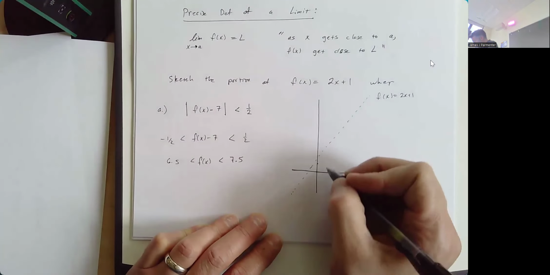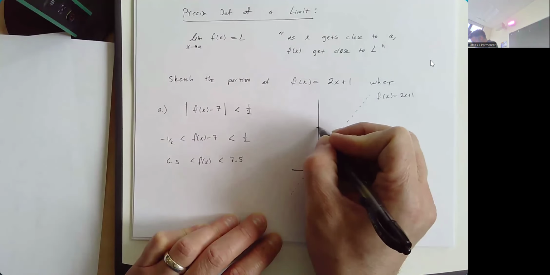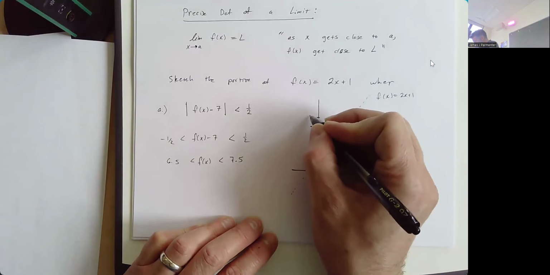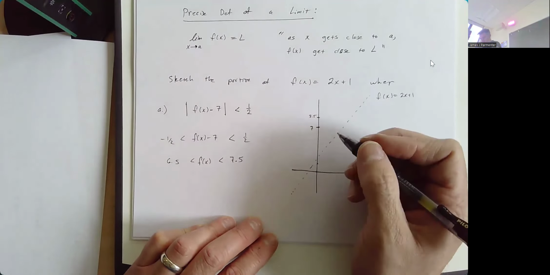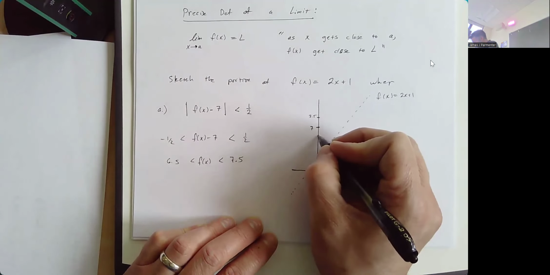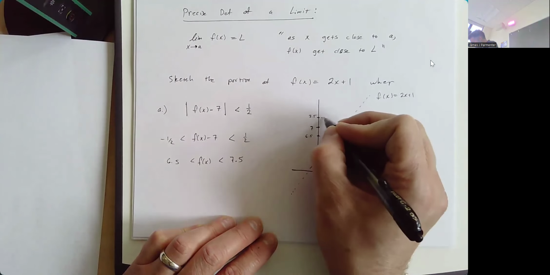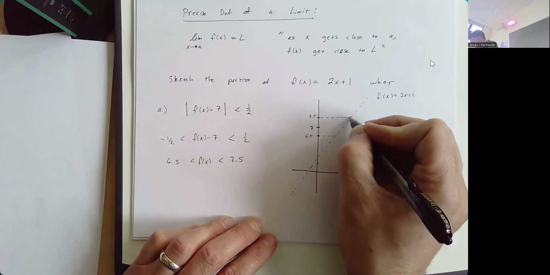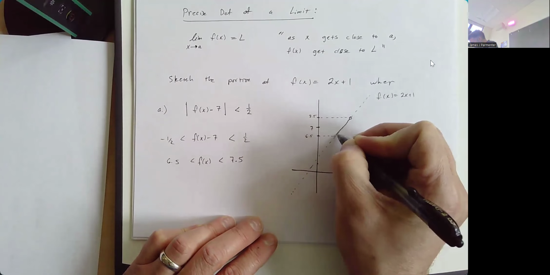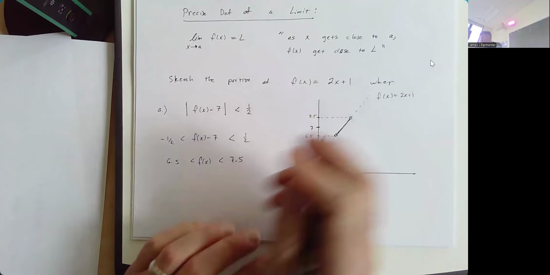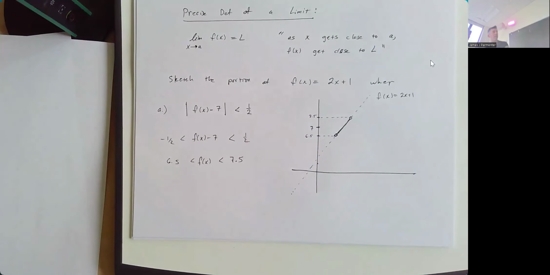And I want everything within 1/2 above 7, so up to 7.5, not including 7.5, and down below to 6.5. So I want this portion of the graph. That portion of the graph has the y values I am looking for.